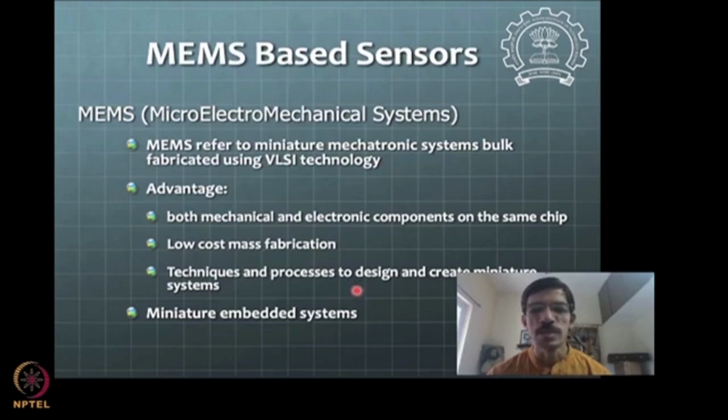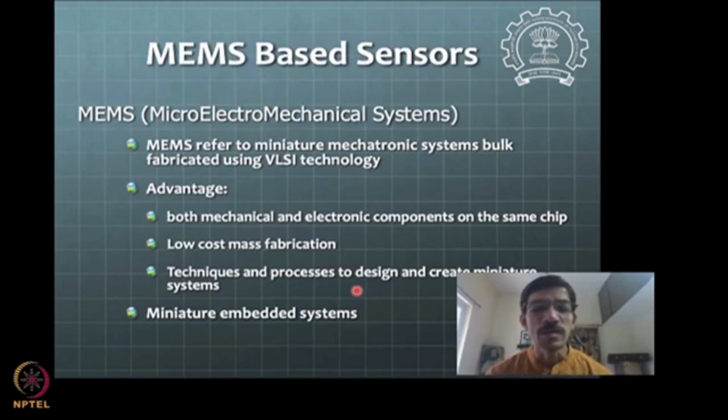This is a very interesting area of application, or area of research also. There are many interesting systems that can be developed based on this MEMS technology, and one should be aware of this.